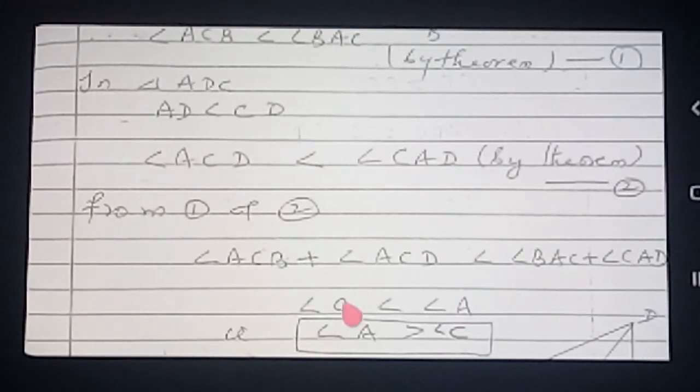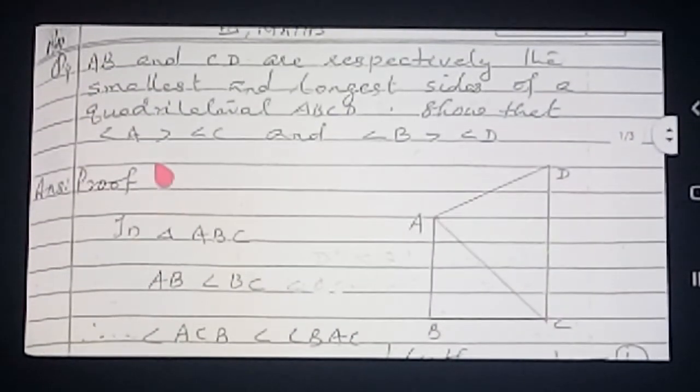Angle A, so reverse the inequality. Just as 2 is less than 3, we can write 3 is greater than 2. Here angle C is less than angle A, therefore angle A is greater than angle C. That is what was asked in your question. I proved that angle A is greater than angle C.